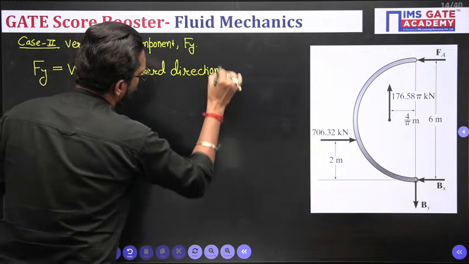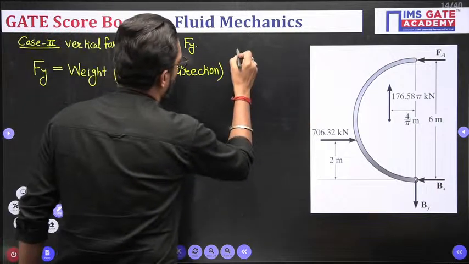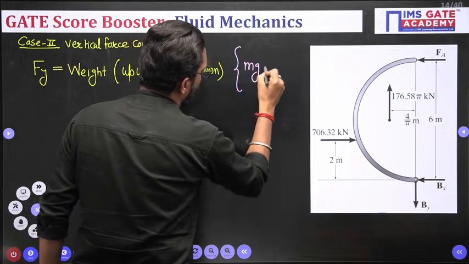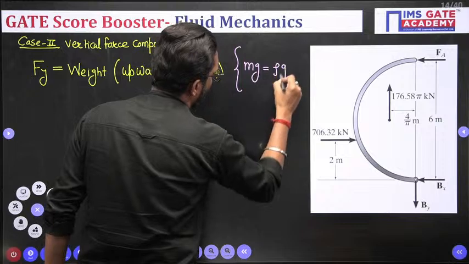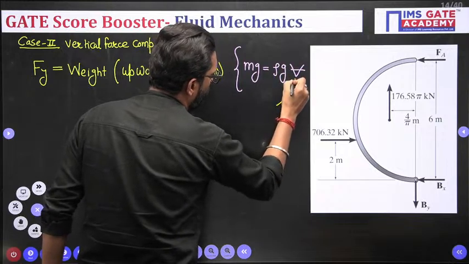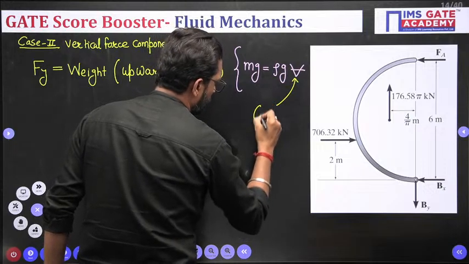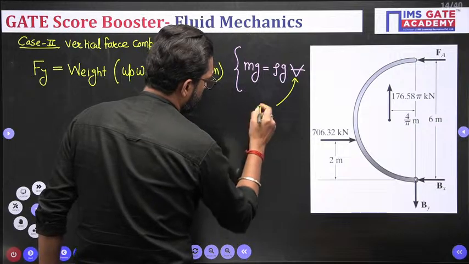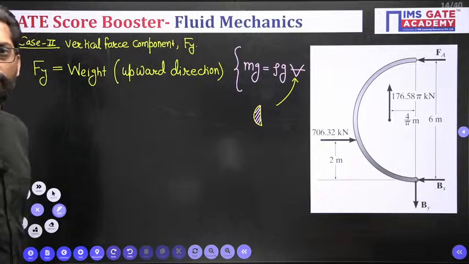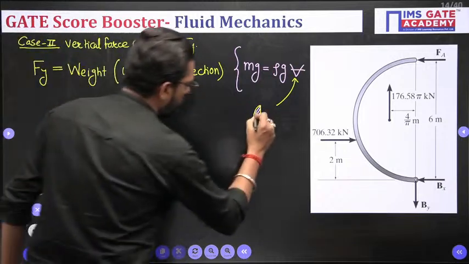Because it is displaced fluid, upward direction. And what is your weight? M into g is equal to rho g into volume. This is the volume of this sector. Find the volume of this one.